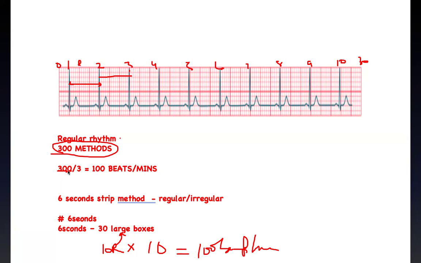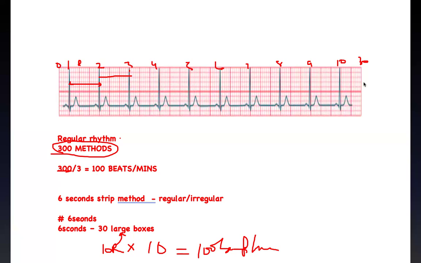That's all. If it's irregular, like AFib, or you want to use the 6-second strip, count 30 large boxes. So we have 0, 1, 2, 3, 4, up to 30.